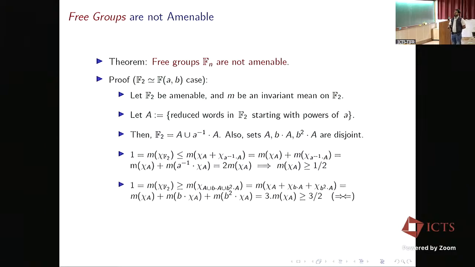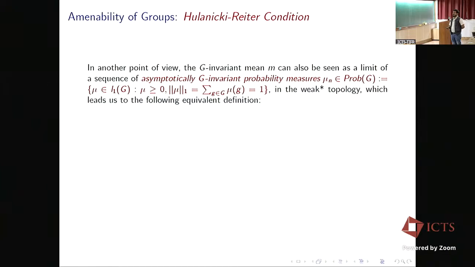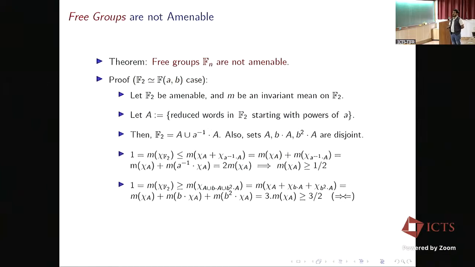Then if I apply the mean on these sets, which are disjoint, then I see that these are disjoint sets, and this is not the entire F2. So the mean of chi F2 would be greater than or equal to this mean.